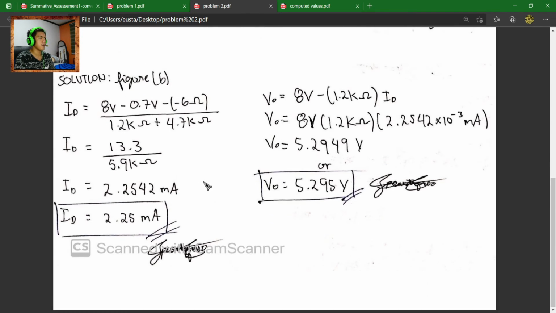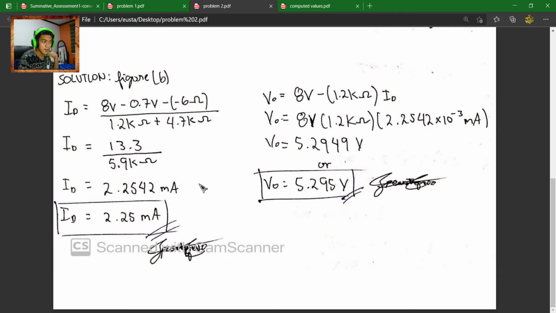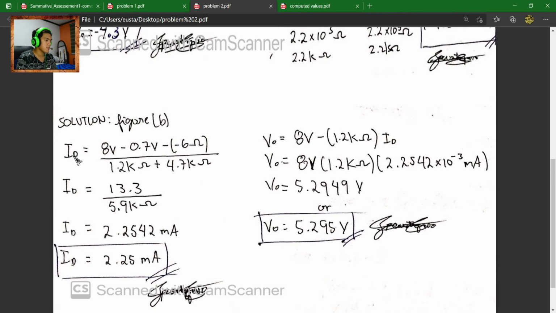Going to figure B, we are first going to find the current of the diode. So 8 volts minus 0.7 volts minus negative 6 volts over 1.2K ohms plus 4.7K ohms. Computing, we will be getting 2.2542 milliamperes, or 2.25 milliamperes.